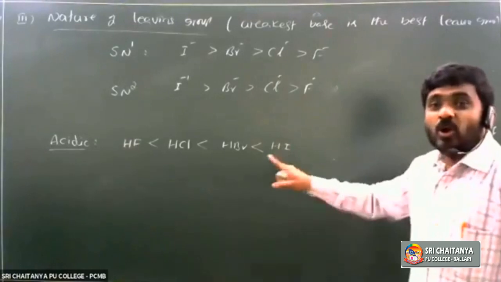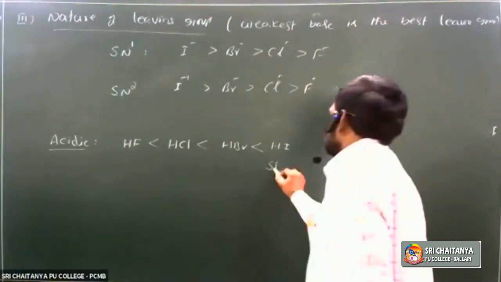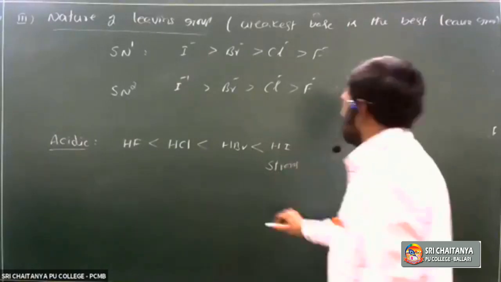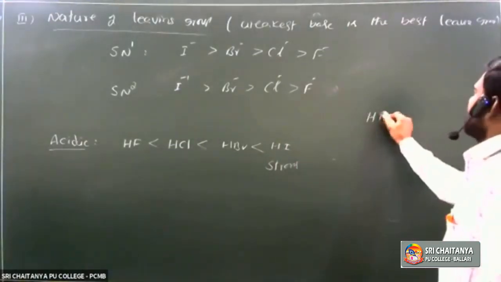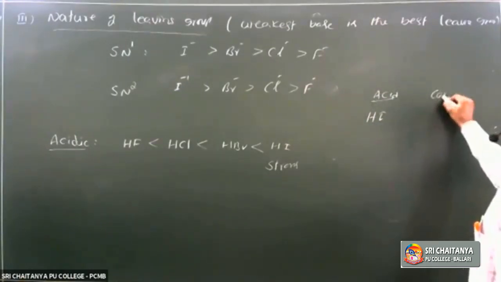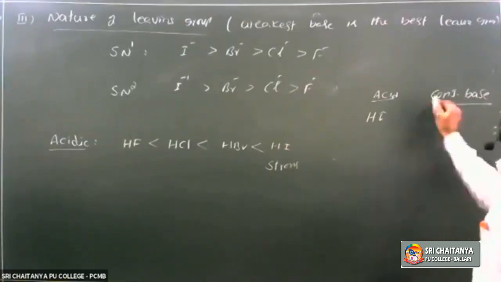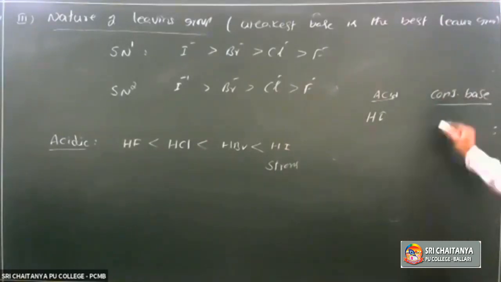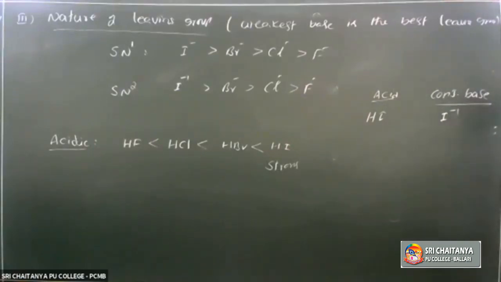According to the Bronsted-Lowry theory, if an acid is strong, its conjugate base is weak. HI is an acid. What is its conjugate base? Its conjugate base is I minus. What is a conjugate acid-base pair?